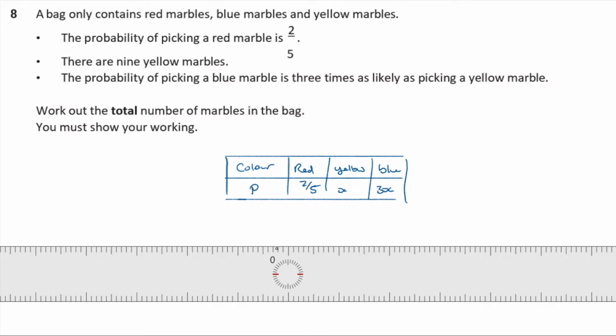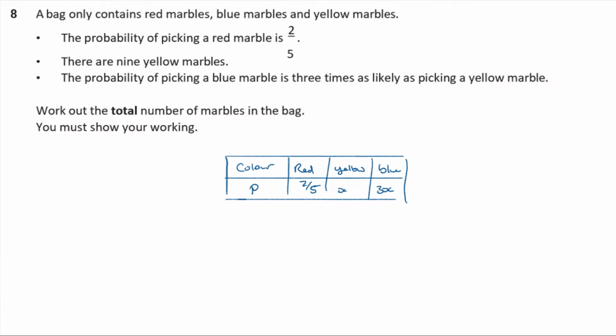Now with probability, all of those need to add up to 1, don't they? So my 2/5 plus my x plus my 3x needs to be equal to 1 because of the law of completion. Okay, so x plus 3x is 4x, and if I take 2/5 away from both sides, I'm going to get 4x is equal to 3/5 on the other side. 1 minus 2/5 is 3/5.